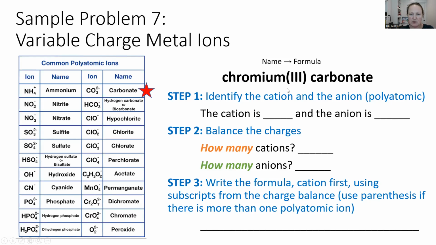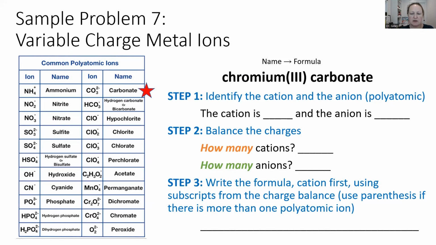Going this direction is actually much easier because the Roman numeral has told us the charge on the variable charge metal ion. It has told us that the cation is chromium 3+. Carbonate is one of our polyatomic ions, so we want to go to a table that includes polyatomic ions to figure out that carbonate is CO3 2-.